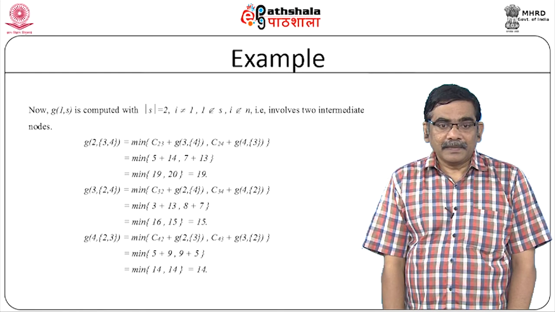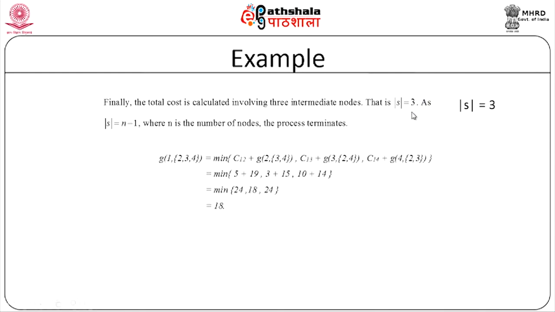Again I have to increment s. So, now s becomes 3, which means the intermediate nodes are going to be 2, 3, 4. Now I have to find the shortest path from 1 via 2, 3, 4. That means it is going to be the minimum of c(1,2) plus g(2,{3,4}), and like that I can write the other terms.